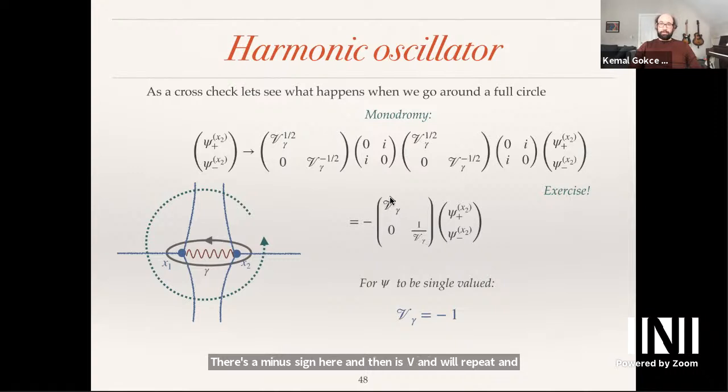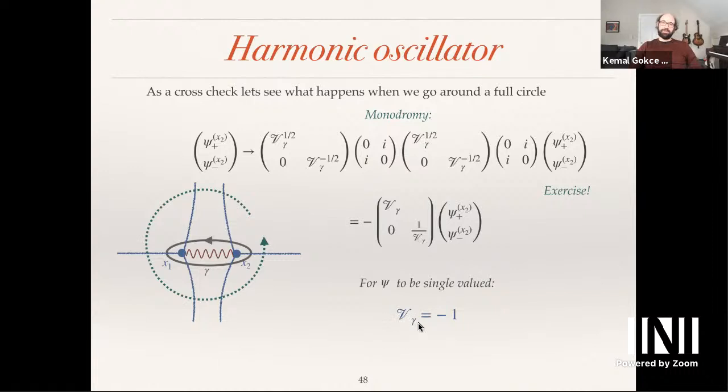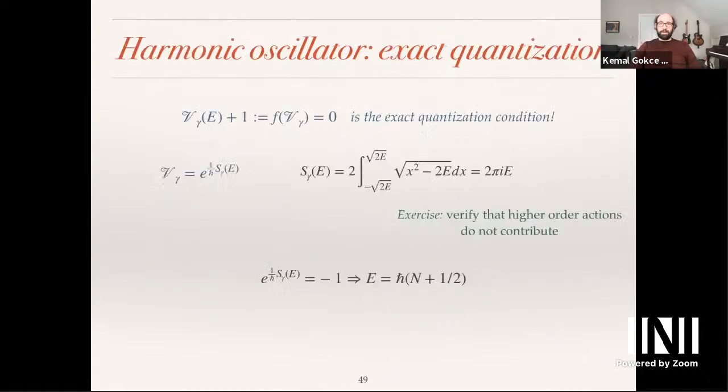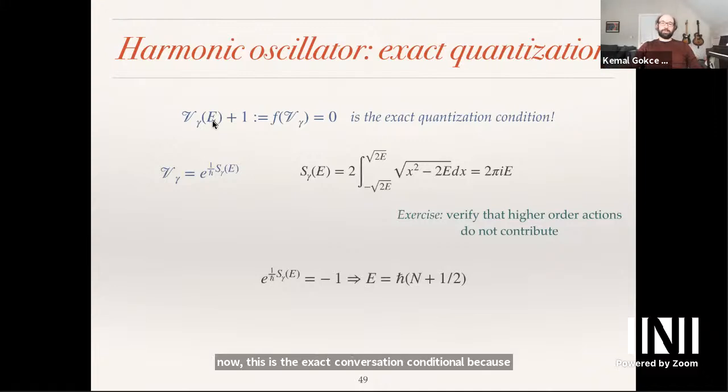And minus v has to be equal to 1, so that this is an identity matrix, which means V has to be equal to minus 1, which is the same as V plus 1 equal to 0, the condition that I derived earlier. Now, this is the exact quantization condition because this is a function of energy. So not all values of energy, and H bar, actually, satisfy this relation.